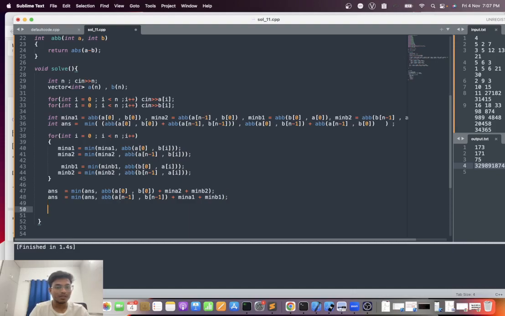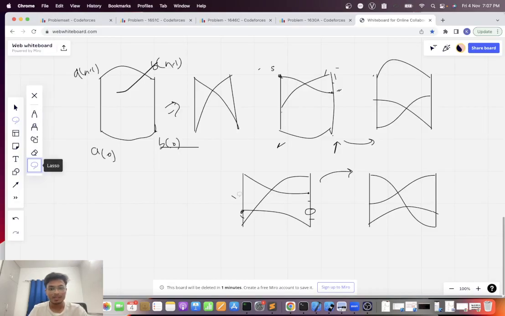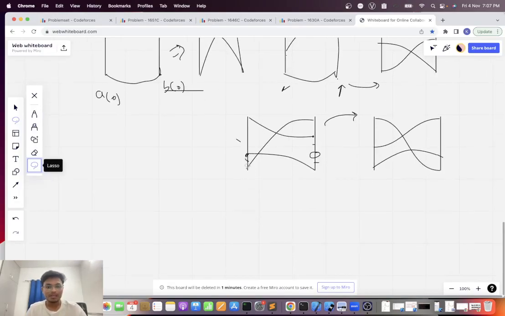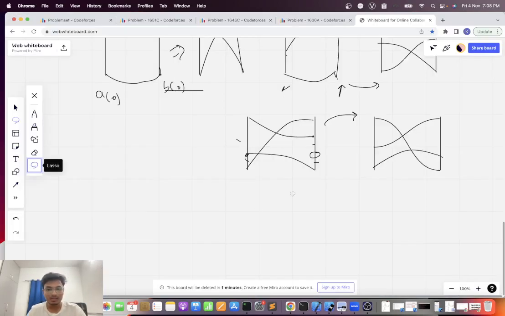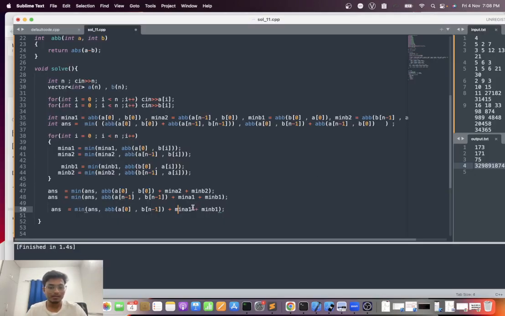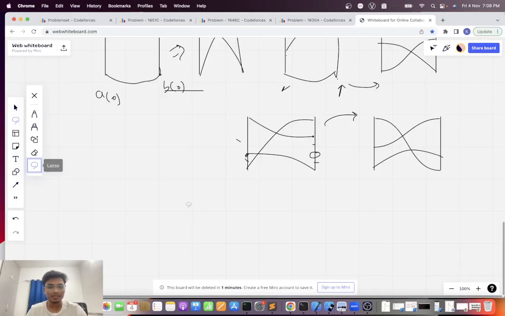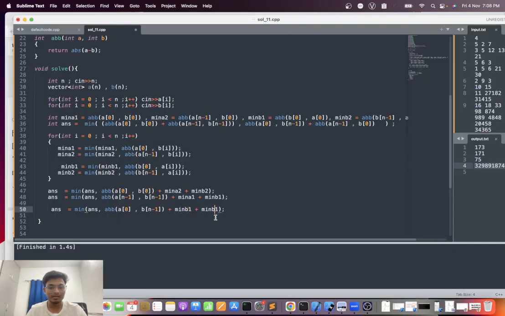Okay, another case will be this one. So a node connected to b n minus 1, a node connected to b n minus 1 and this b1, minimum value of b and minimum value of a1, a of n minus, that is a2.